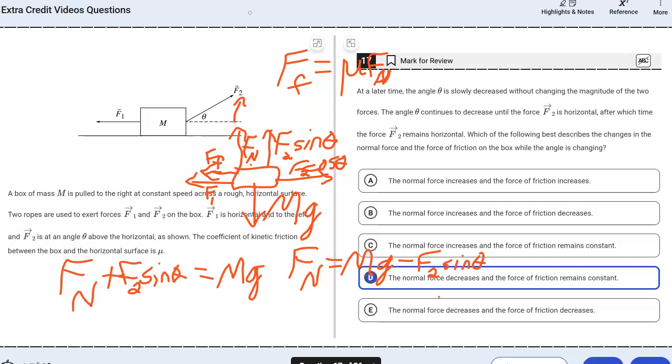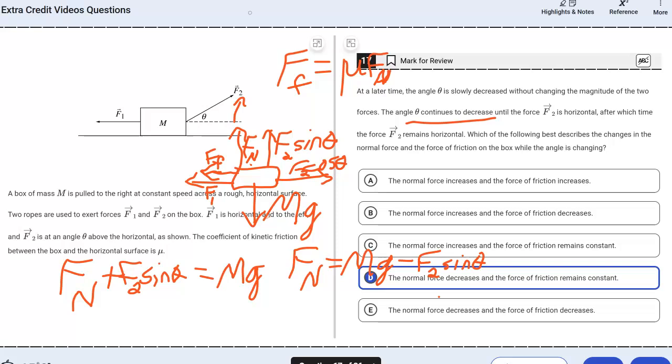So now let's think about this. We can solve this problem without setting it up in the x direction. We just have to think about it. It's asking what's going to happen as theta continues to decrease. As theta decreases, we know F2 sine theta will decrease, because if the angle is smaller, sine theta will decrease.